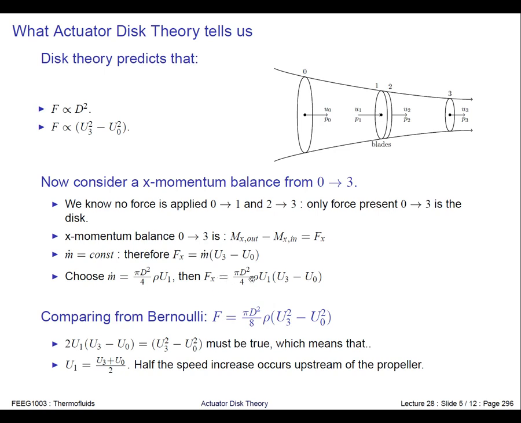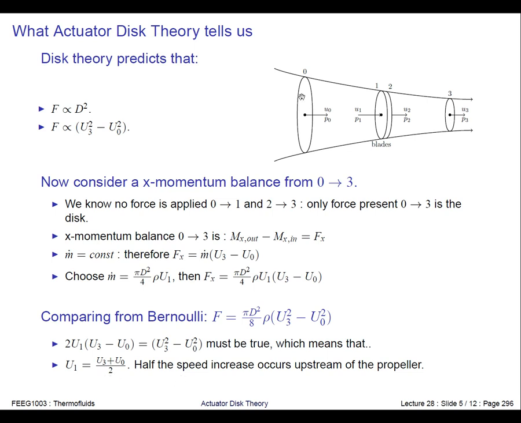So we can set these two things equal to each other, and this gives us a constraint on how U1 and U3 and U0 are related. What it says effectively is that this expression must be true, and that U1, the velocity on the blades, is equal to the average between the upstream and the downstream velocity.